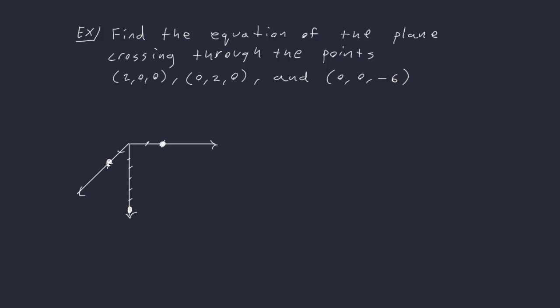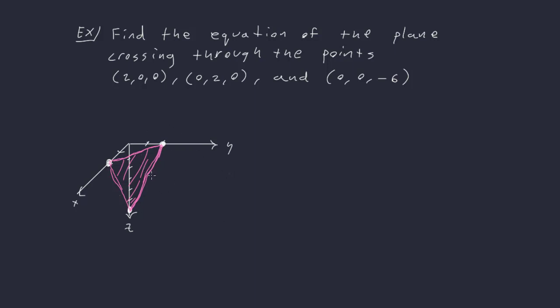And I did this sort of on purpose just to show that this is actually a quick way to graph a plane if you know where it crosses each axis, like what point it intersects the x-axis, the y-axis, and the z-axis. Okay, you can actually get a nice look at what the plane looks like.